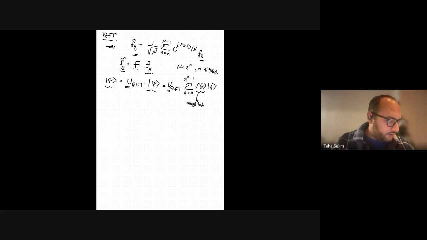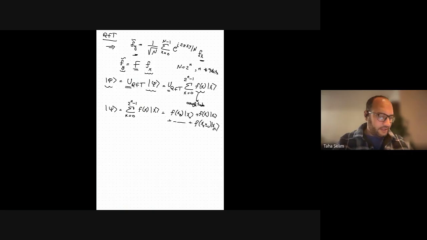For example, psi is represented as the sum from x equals 0 to 2 to the power n minus 1 of f of x times x. This means we have f of x0 times x0, plus f of x1 times x1, and so on until f of x at 2 to the power n minus 1 times x at 2 to the power n minus 1.